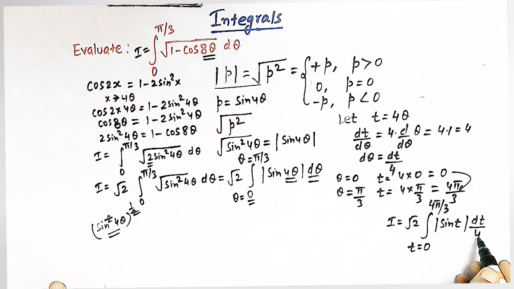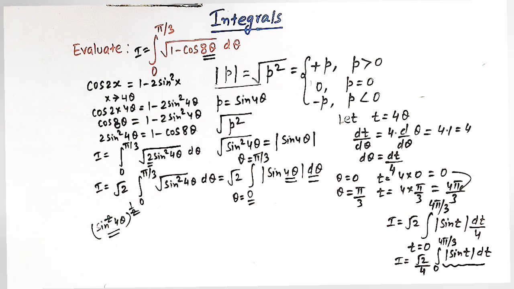Now we can take this 4 outside the integral, so we have square root of 2 over 4 times the integral from 0 to 4 pi by 3 of mod of sine t dt.